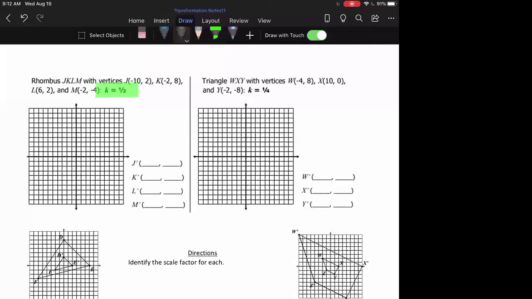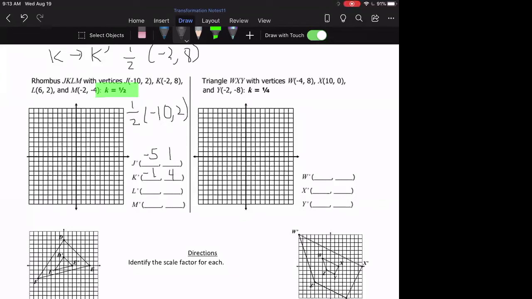If we look at the points, we'll do 1/2 for J to find J prime, times -10, 2. Half of -10 is -5, and then we'll have 1. So that's J prime. Then if we look at K to K prime, it'll be 1/2 of -2, 8, which will be -1, 4.